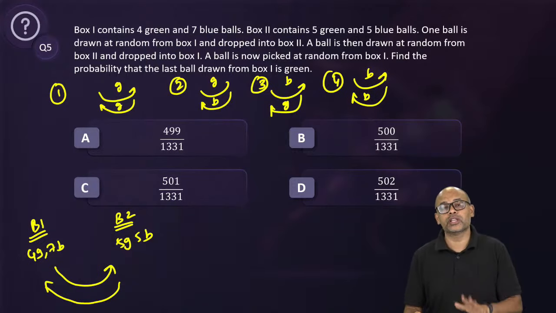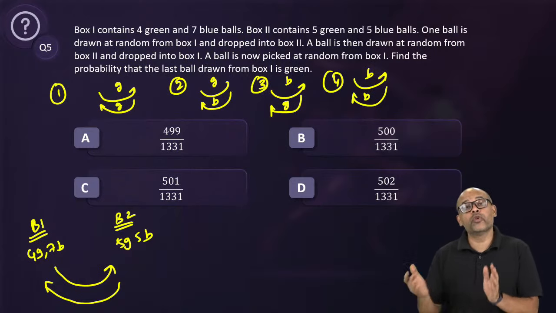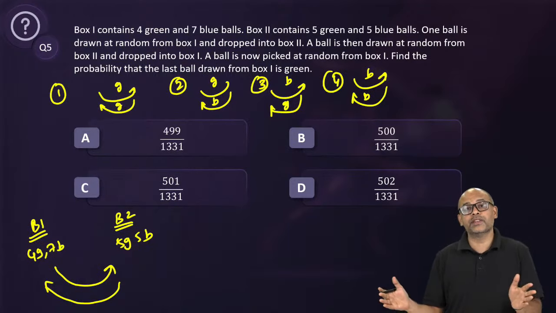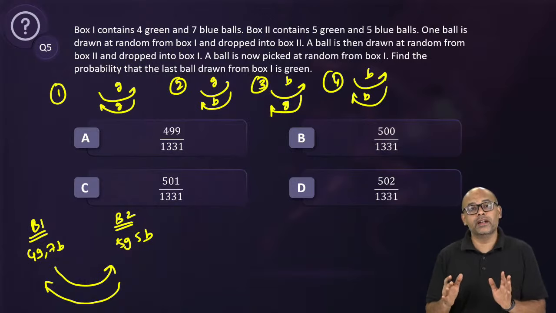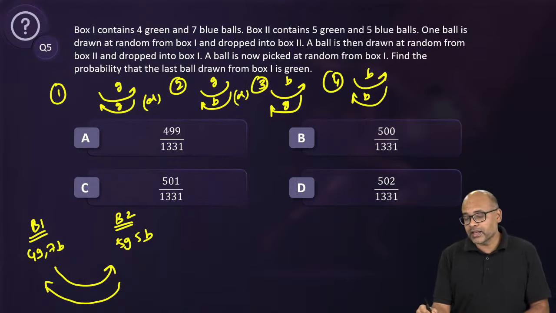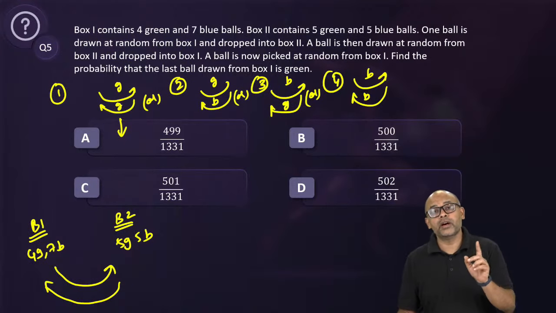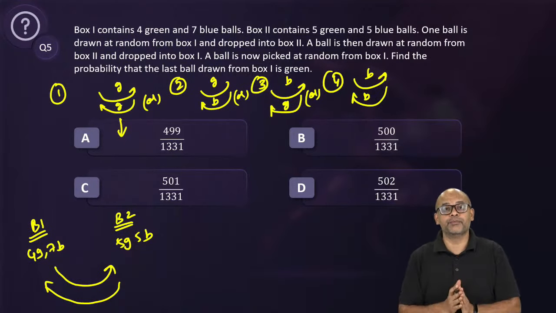No. These are the only 4 cases possible. In all 4 cases, you can get a green ball at the end, so find the probability of getting a green ball in each of the cases and then add them.